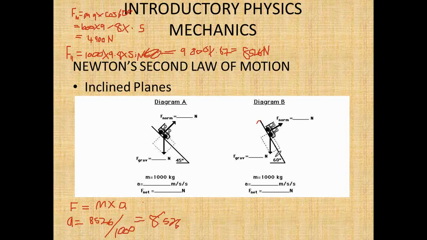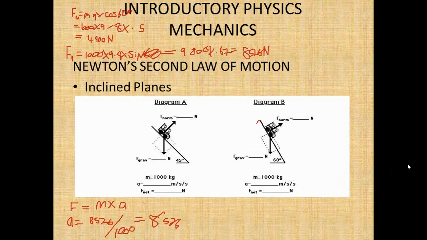So if you have an object on a greater inclined surface, it's going to have a greater acceleration down that inclined surface. Because we moved from 45 degrees to 60 degrees, everything remains the same, but the acceleration actually increases. So the greater the slope of an incline, the greater the acceleration of an object down that incline. So that is what we want to show you here, just using basic physics to look at that.